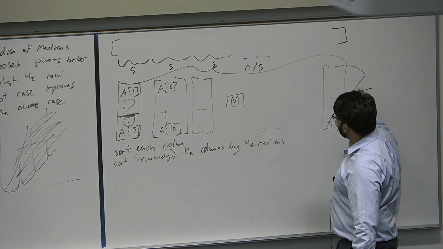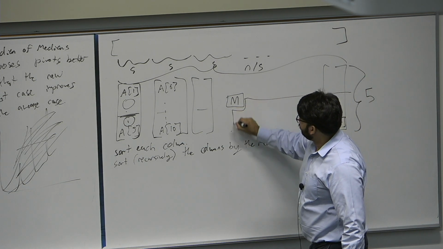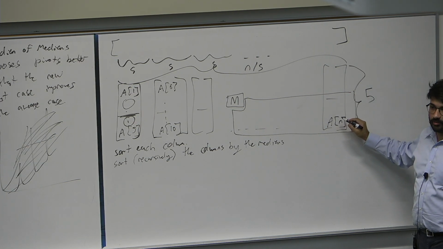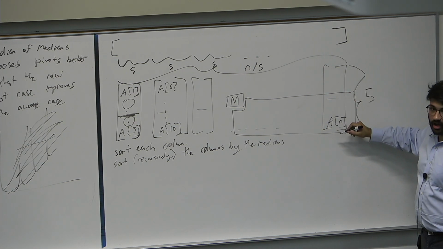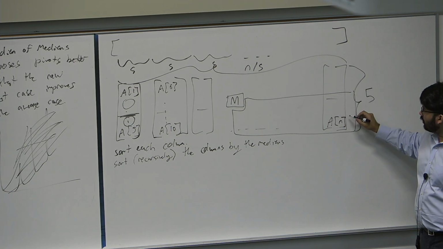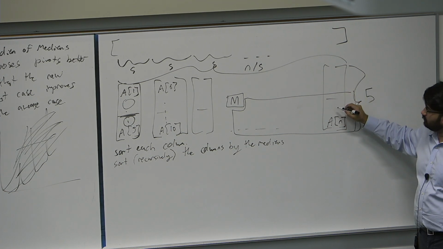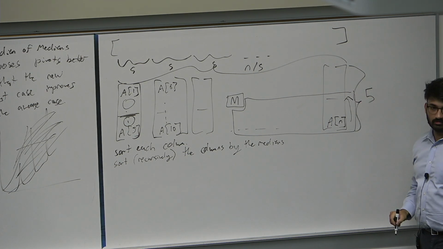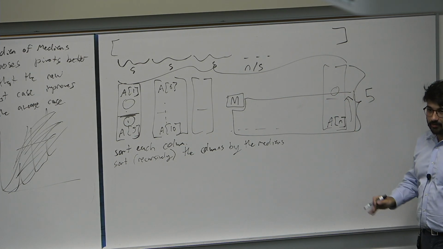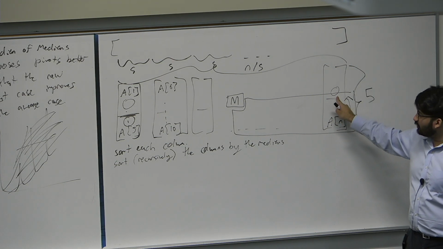Yeah, let's look at this box here. Let's look at A of n, for example. You know A of n in this row of 5 is not the median of that column. You know it's less than the median, so you know it's less than that element here. You also know that by the fact that these are sorted, this one is less than this one.